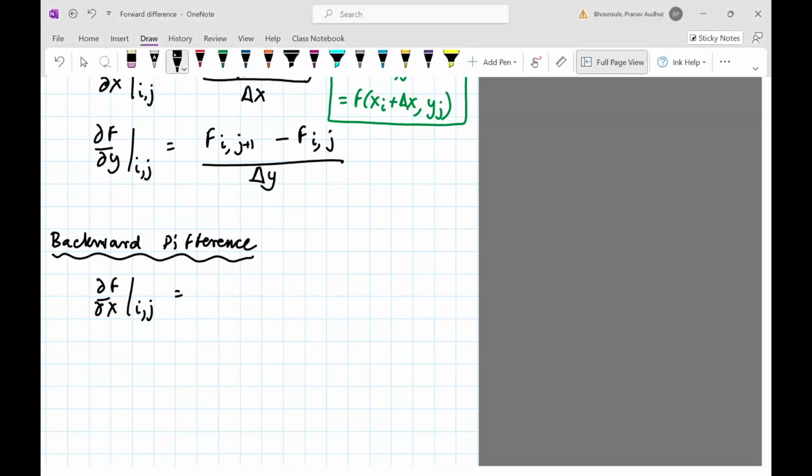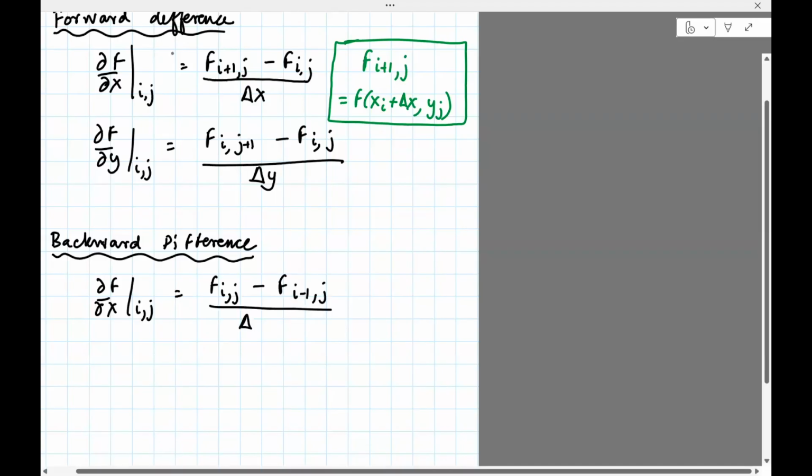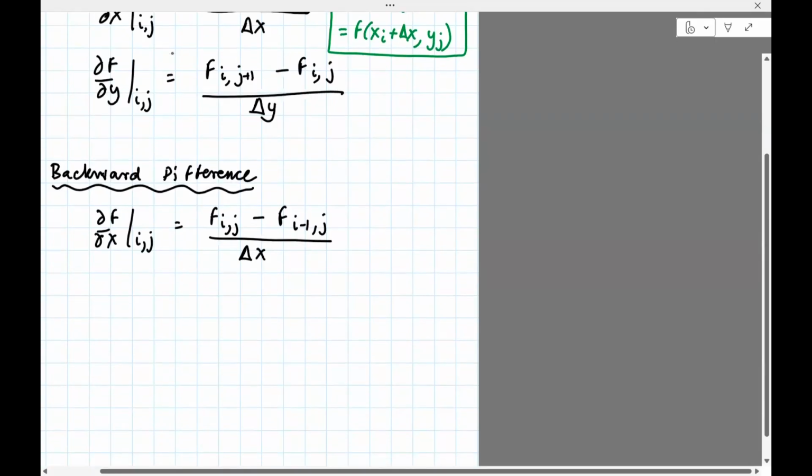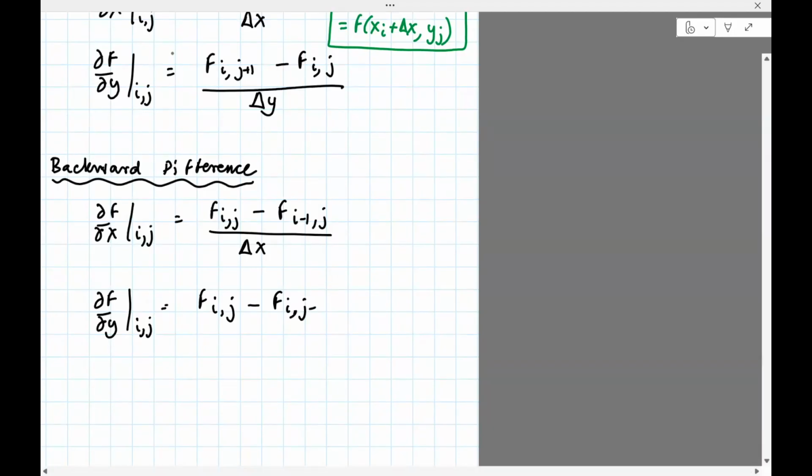Okay, so here's the formula for the backward difference. For the backward difference, you have f of i comma j minus f of i minus 1, j divided by delta x, and then df dy at i comma j is f of i, j minus f of i, j minus 1, divided by delta y.